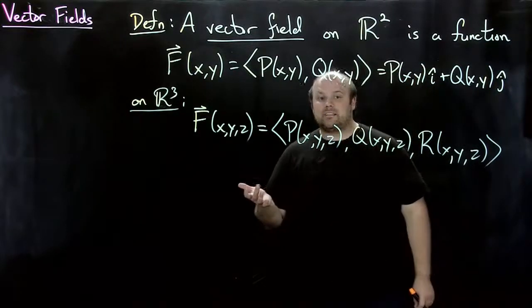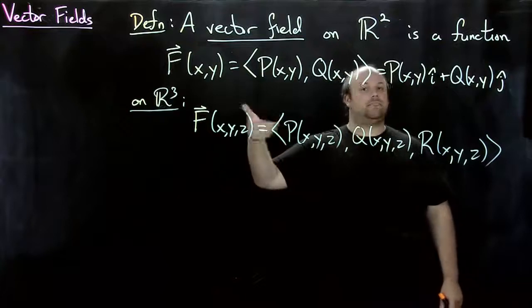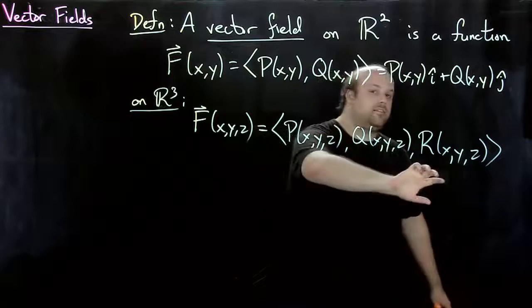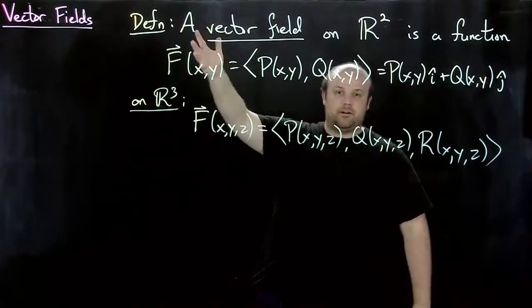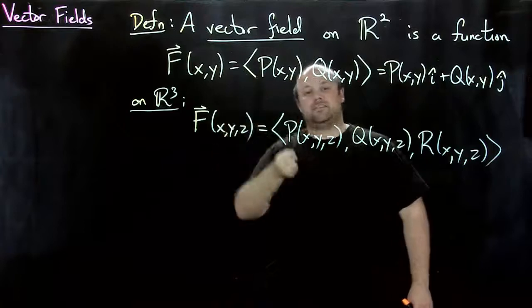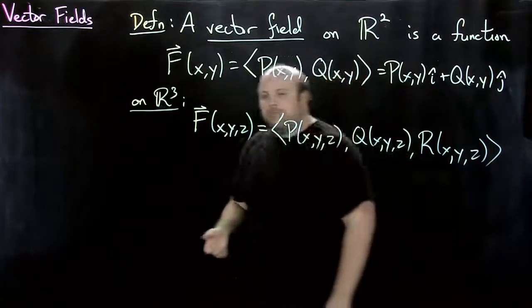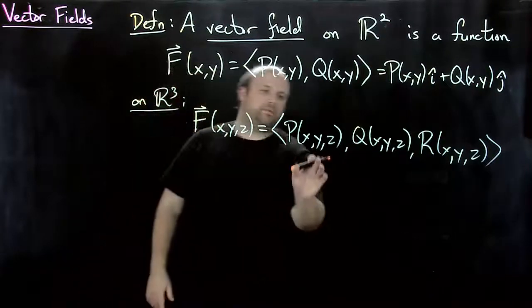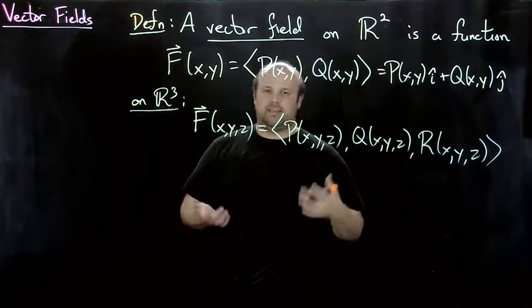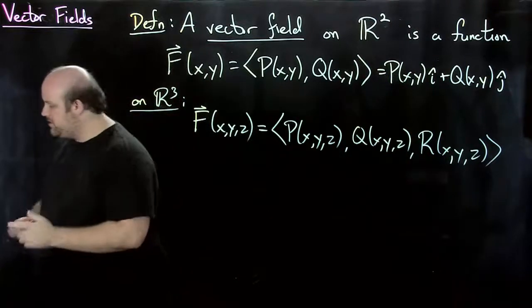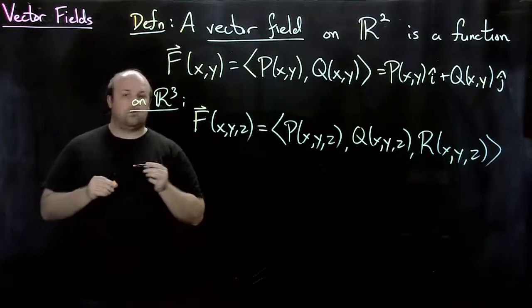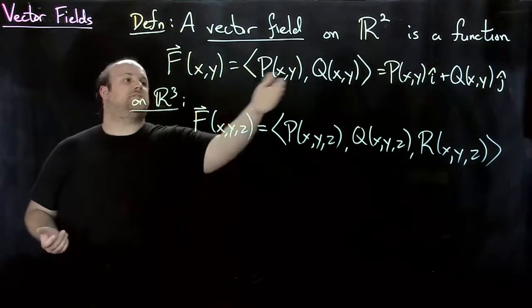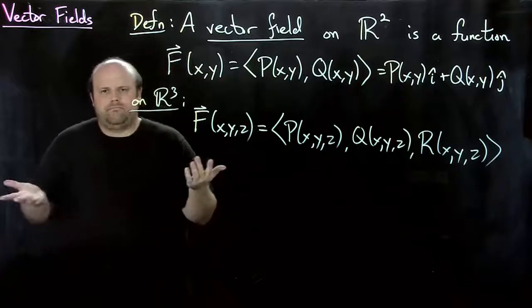A great example of that is this thing about gravity I was just talking about. All three components are going to depend on where in space you are, because you're always being pulled directly towards the center. And again, you can write this as P i plus Q j plus R k, of course. So this is what a vector field is. It's basically a function from R2 to R2 or R3 to R3, more or less.